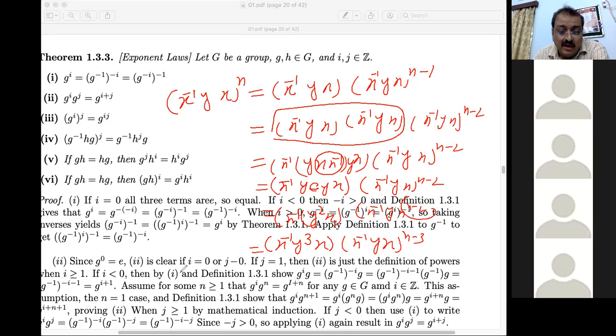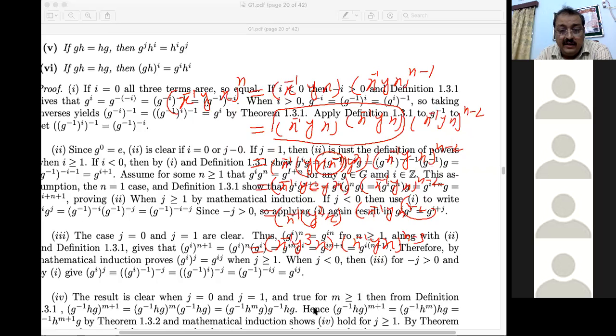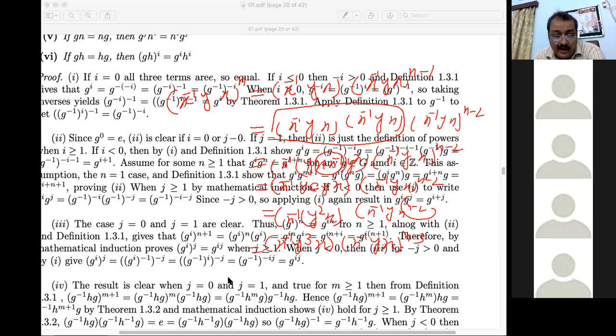In the similar fashion we keep going up to the end, reaching x inverse y to the power n minus 1 x, and the last term left is only x inverse y x. So n minus 1 terms and one more term, so this is equal to all this. Now this can be written as x inverse y to the power n x.